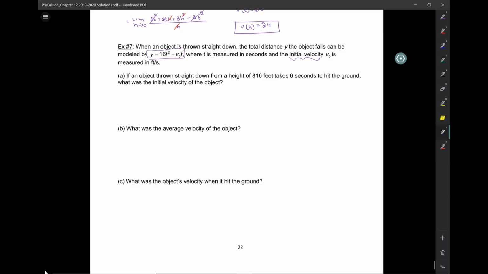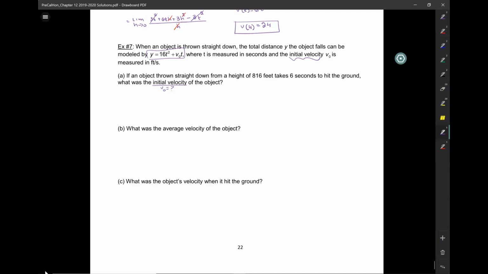If an object is thrown straight down from a height of 816 feet and takes 6 seconds to hit the ground, what was the initial velocity of the object? So we are looking for the initial velocity here, which is v naught.